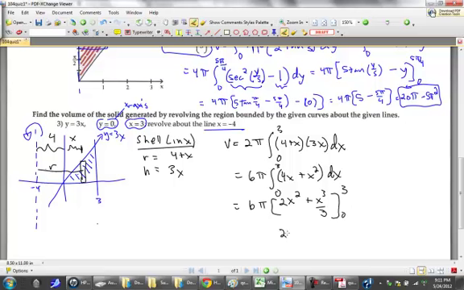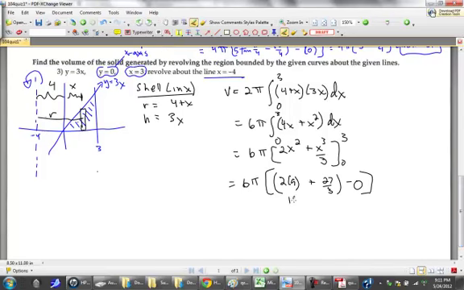Put the 3 in: 2 times 9 plus 27 over 3. And what we get is 18 plus a 9, which is itself 27. And that's times 6 pi.